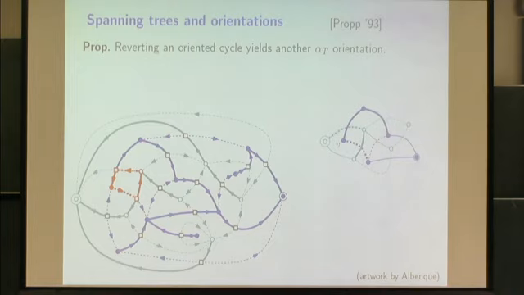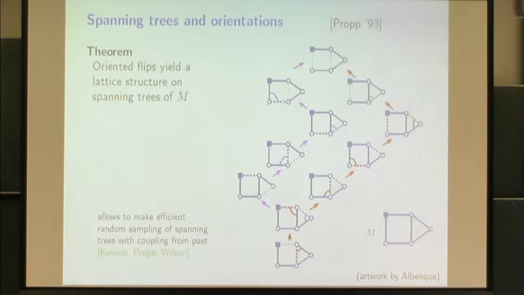And here you can see what the reversal of the cycle did on the tree configuration. Using this cycle reversal, you can move from one configuration to another, and a nice result is that the resulting flip graph has a lattice structure.